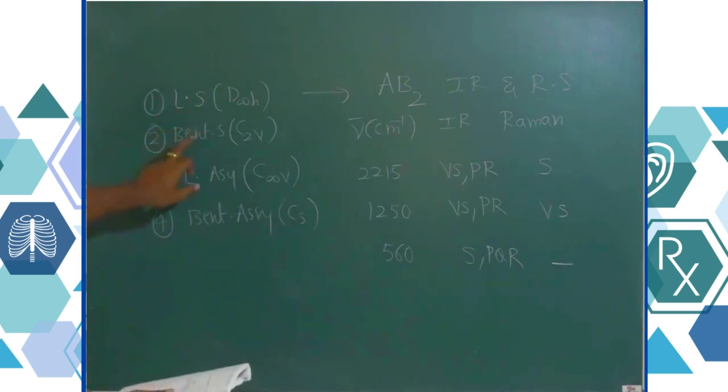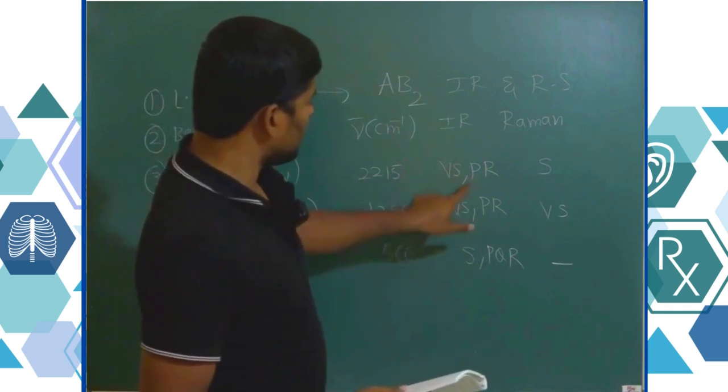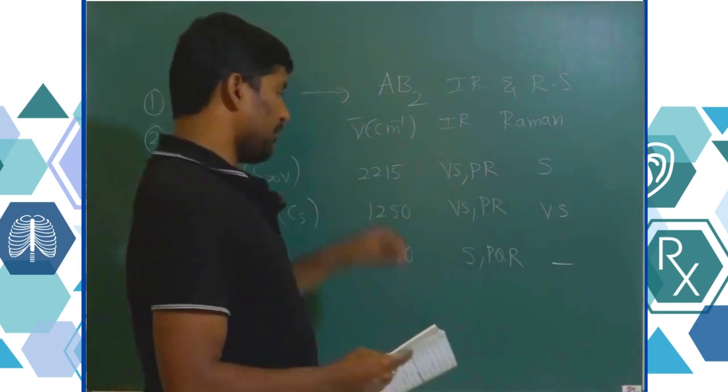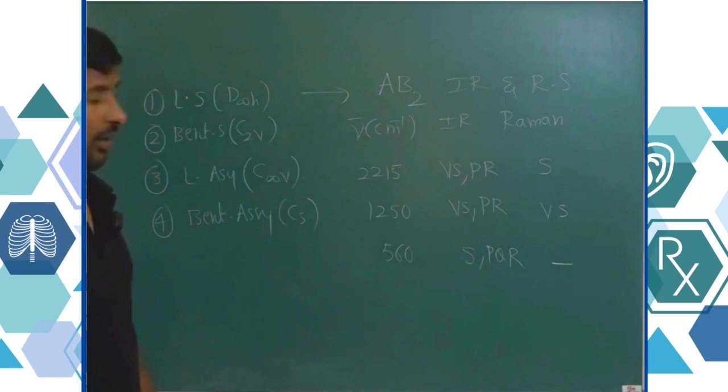Linear symmetrical, bent symmetrical, linear asymmetrical, bent asymmetrical, that is given. Here VS means very strong and S means strong.